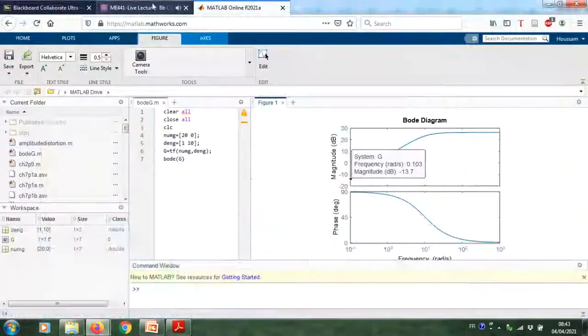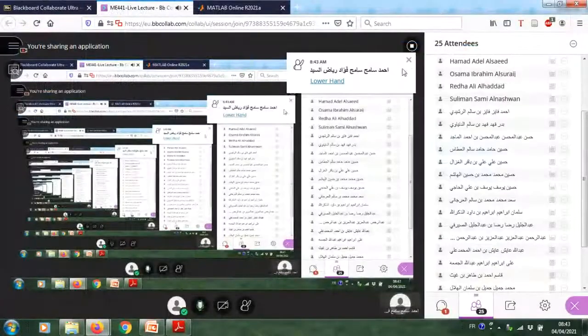Doctor, can you hear me? Yes. Doctor, in the quiz, if there is a question that needs to prove that the system is stable or not, do we have to show this with calculations, or can we just do it by the calculator? You have two ways.